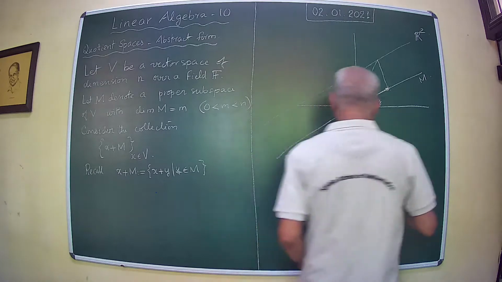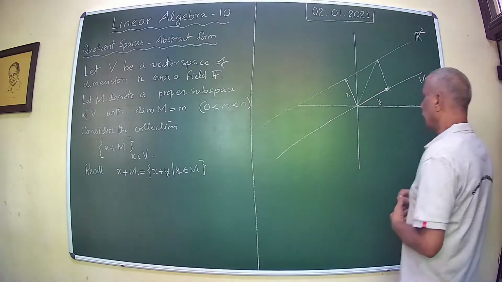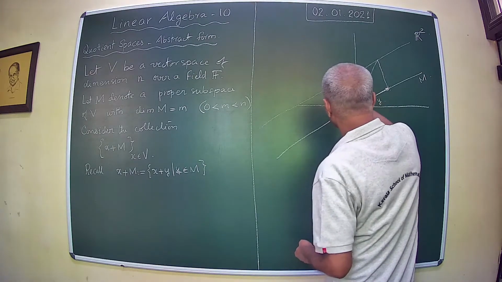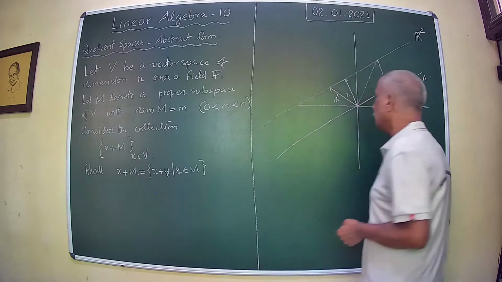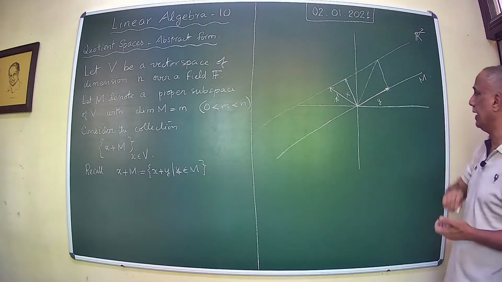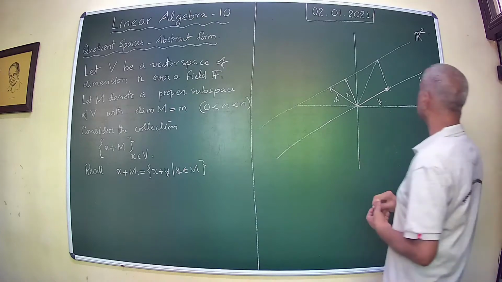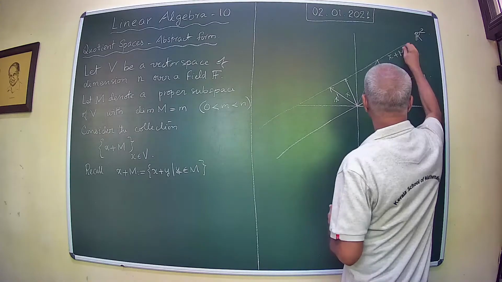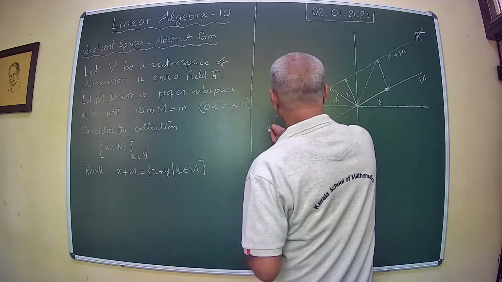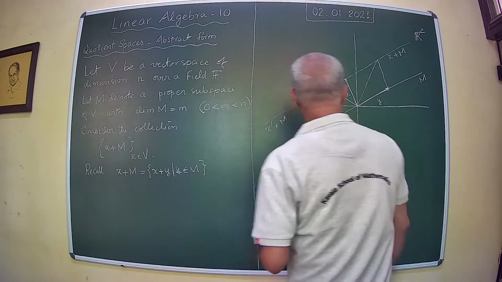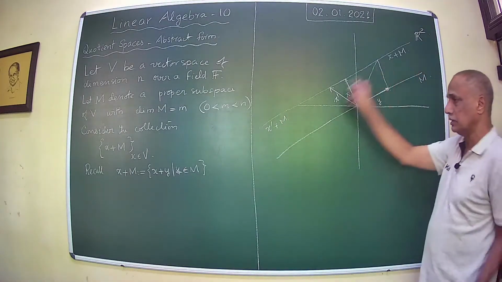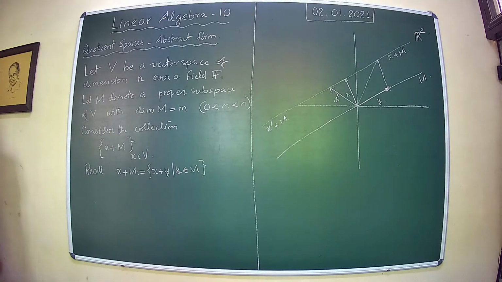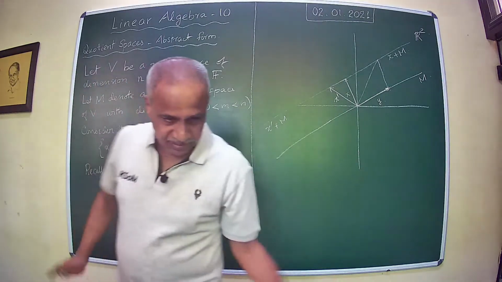But there is also a thing that we have observed, that if you were to use an x prime which lies on this line, then you see that x prime plus M is also equal to x plus M. So for any x prime lying on this, x prime plus M is equal to x plus M. And can you really characterize it?